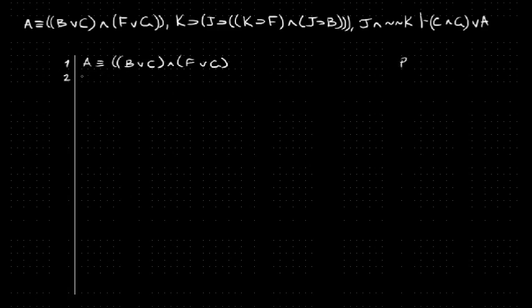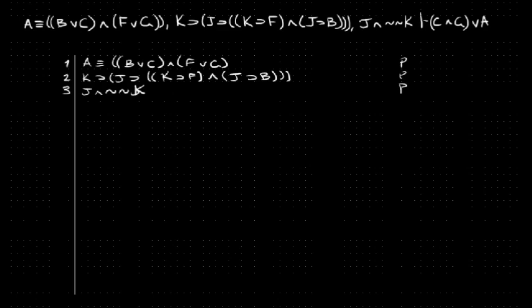On line 2 I get K, then J, then K, then F, and J, then B. Just 3. And then finally on line 3 we have J and not K. And all 3 of those are premises.